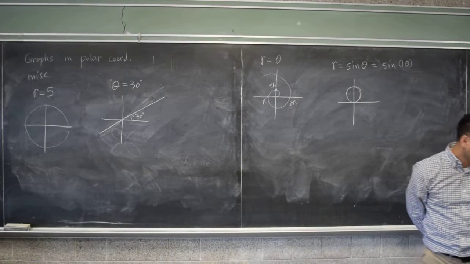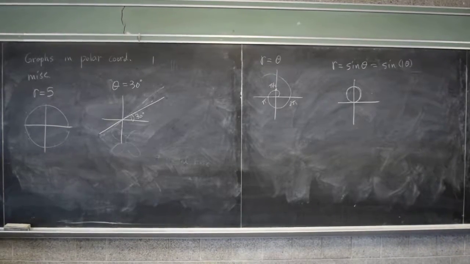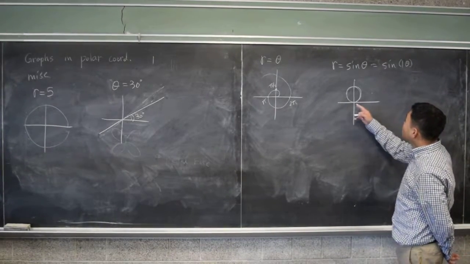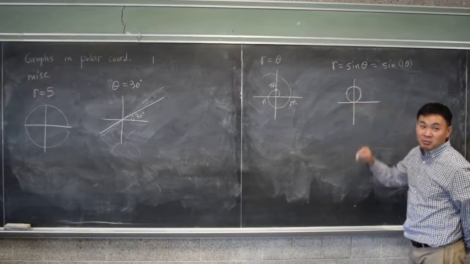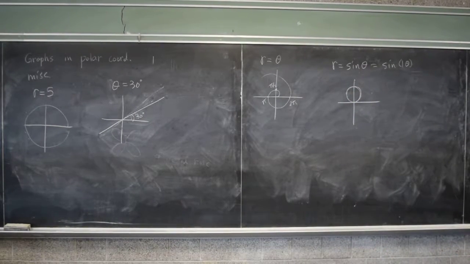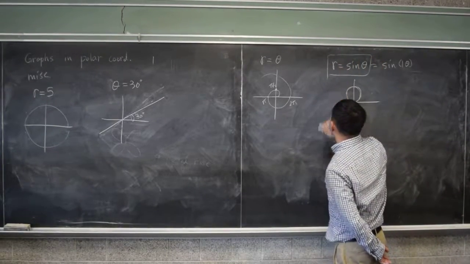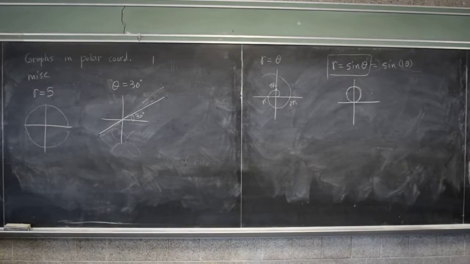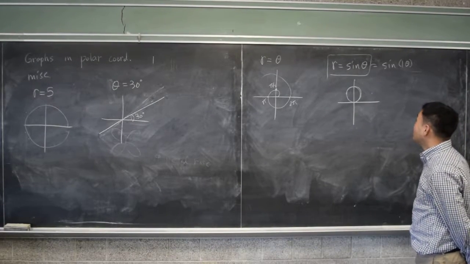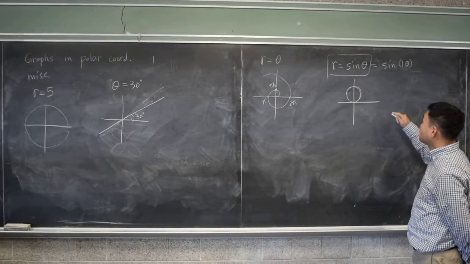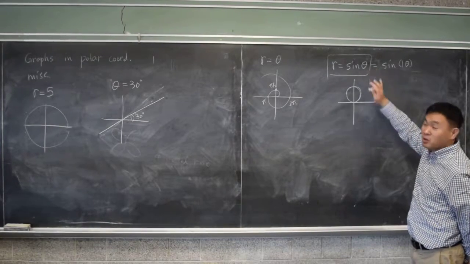Now, you could draw this by making a table, but this is interesting because this is a rare case where you can actually convert to the rectangular coordinate system, and it can be drawn just from the rectangular system. Okay? So here's how you change from a polar coordinate equation to rectangular.